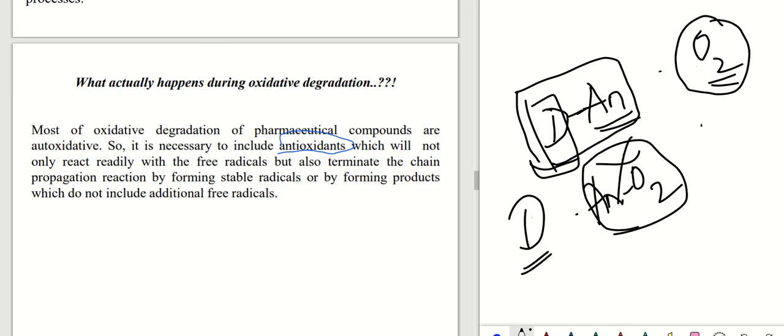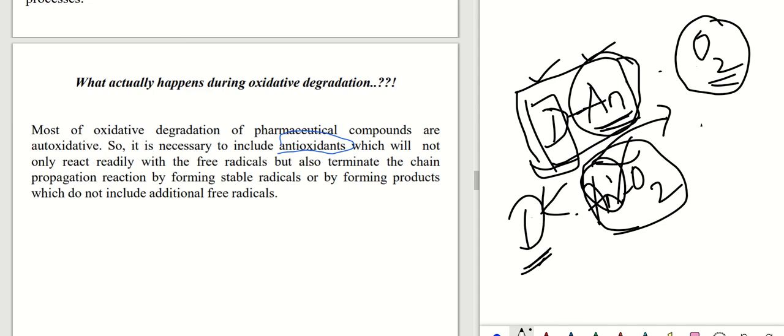the drug molecule. When we look keenly, this antioxidant acts as a competitive agent. So the drug and antioxidant share a similar kind of molecular structure, and the antioxidant acts as a competitive agent, pulling the drug molecule back from being oxidized, and it takes the first place to undergo oxidation.